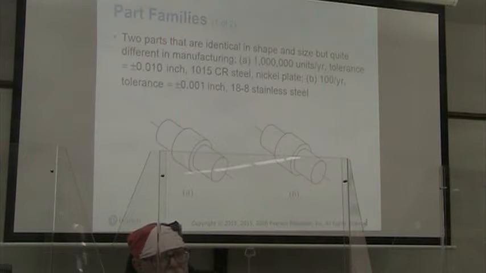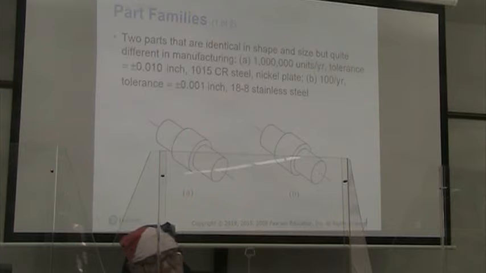All right, so here we see an illustration. We have two parts identical in shape and size, but different in manufacturing. Part A, we produce 1 million units a year with tolerances of plus or minus 0.010 inch out of 1015 CR steel, and they're nickel plated.